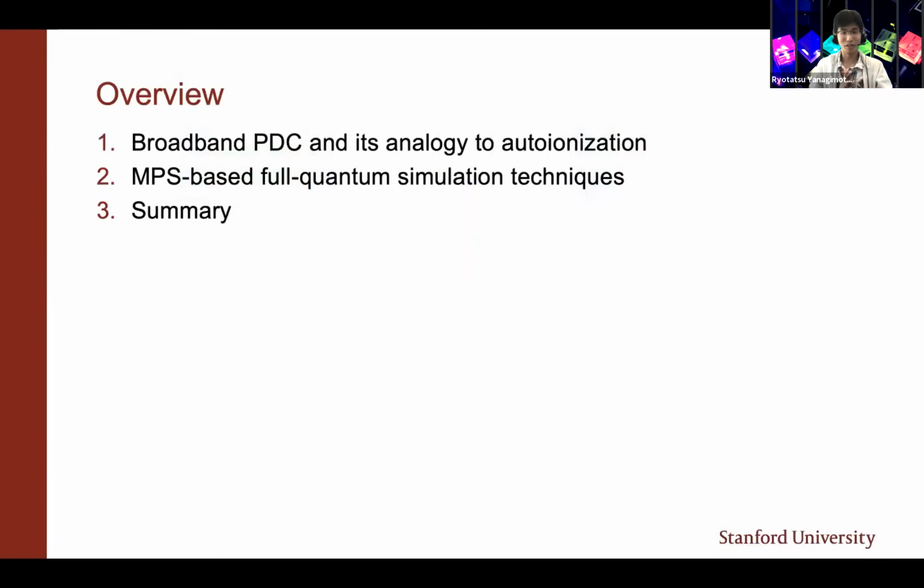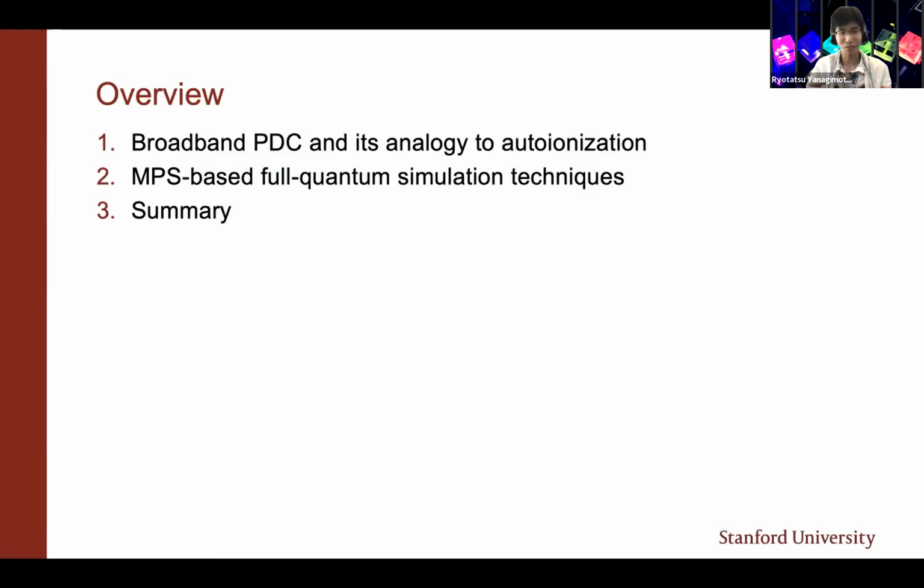So let me get to this overview of my talk. First, I'm going to talk about broadband PDC, or parametric down conversion, which in some sense can be seen as an optical parametric oscillator in a doubly resonant cavity. The quantum study of broadband PDC highlights the need to take into account these broadband effects.